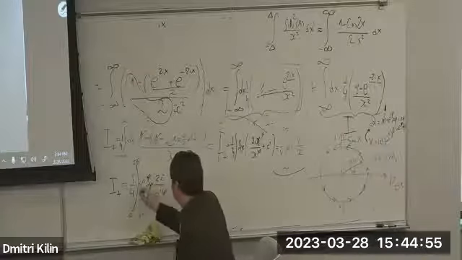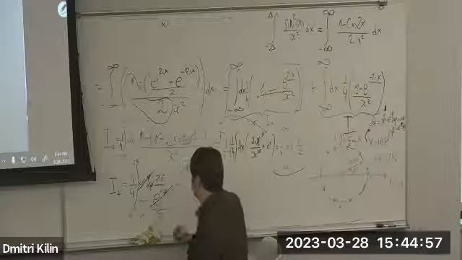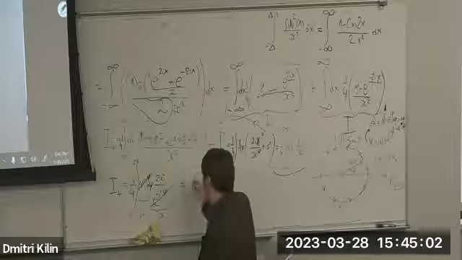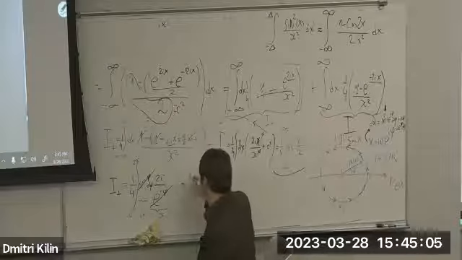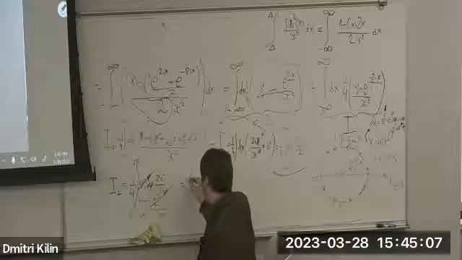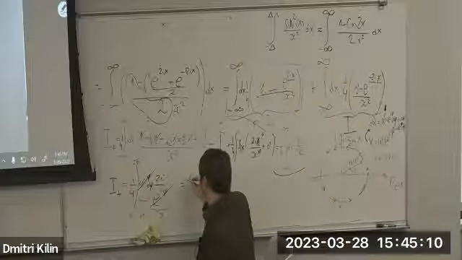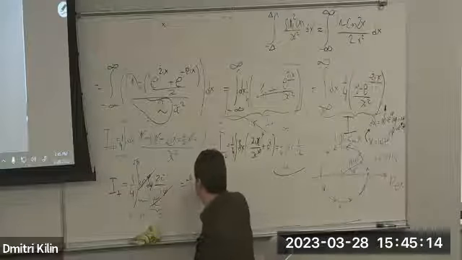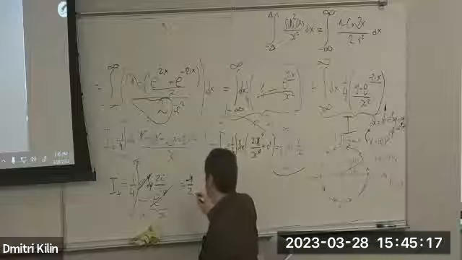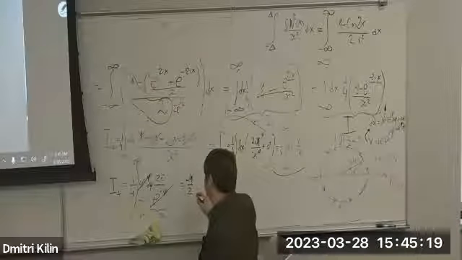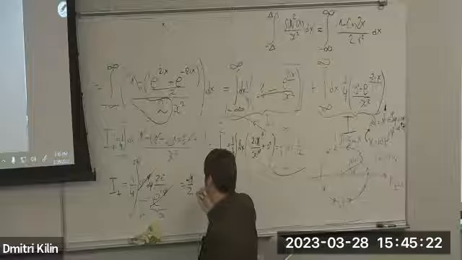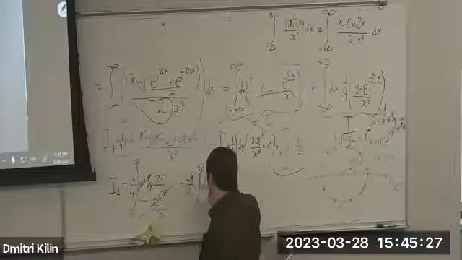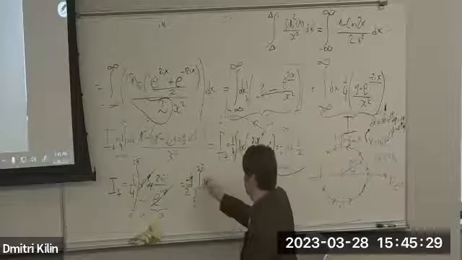So e to the i phi cancels, and then we get i times i, which will be minus, 2 and 4 cancel to 1/2, and then the integral from 0 to 2 pi of d phi will be just 2 pi minus 0.